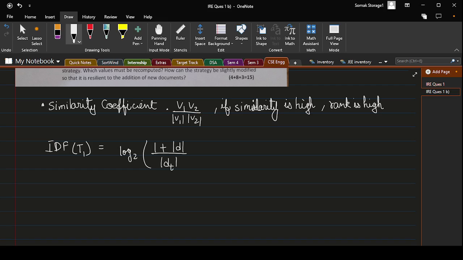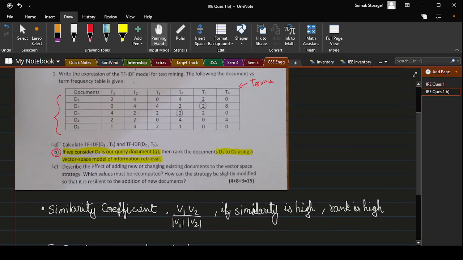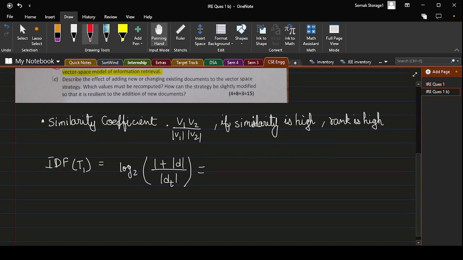Here D is the number of documents and dt is the number of documents where term T is present. If we see the table, there are 5 documents, but only in 4 T1 is present. So log base 2 of 1 plus 5 by 4.